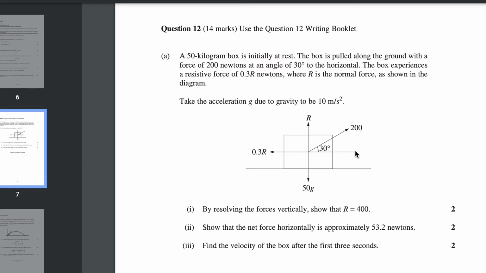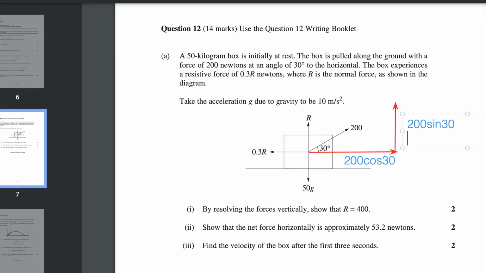So let's look at the components of this force where it's being pulled at an angle of 30 degrees. In this direction, we're going to have 200 cos 30. And our vertical component, let's draw over here, is going to be 200 sine 30.